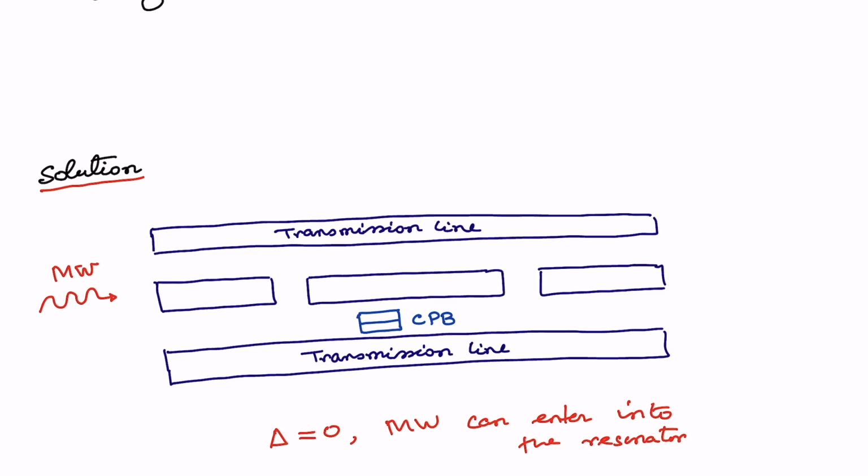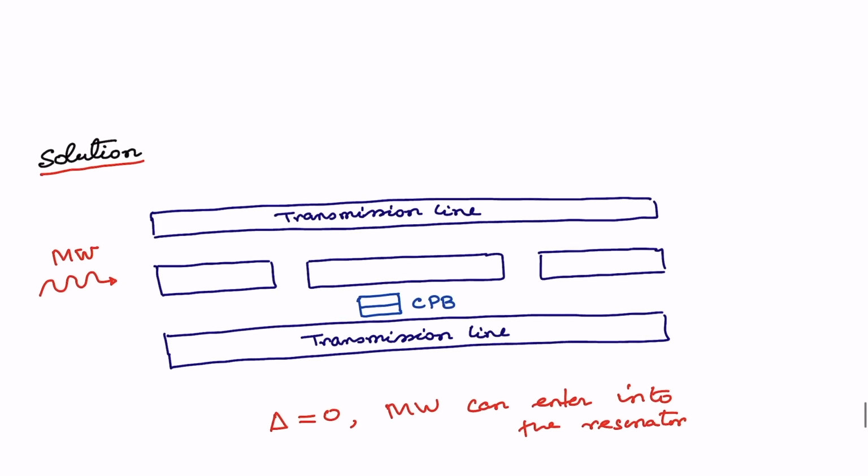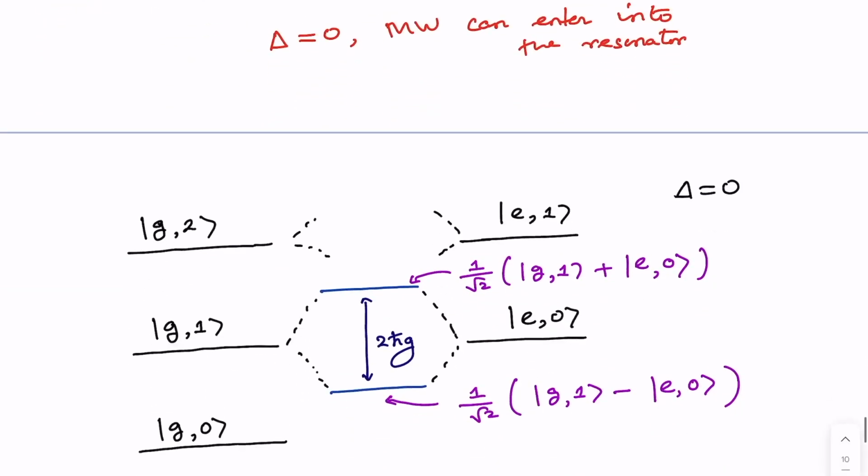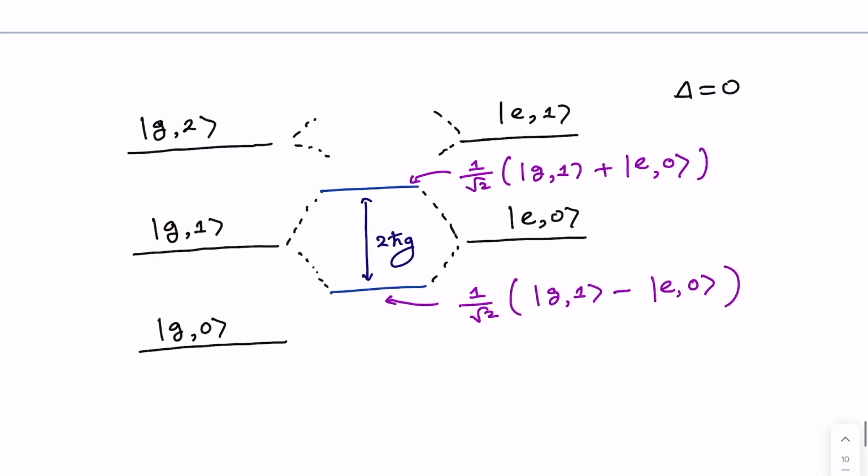Please refer to that. Now, when we studied this Jaynes-Cummings model, this is the energy level structure we obtain when the resonance condition is satisfied. In the presence of the coupling, as you can see, the energy levels are now hybridized. The lowest energy level is the ground state, where the Cooper pair box, if we consider it as a two-level system, is in the ground state and there is no microwave photon in the cavity.